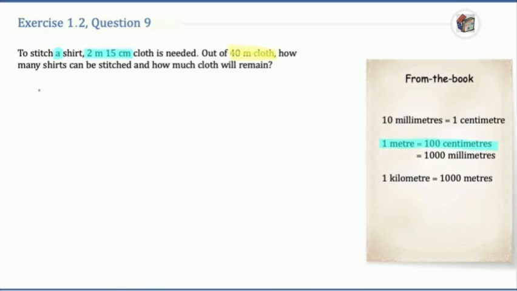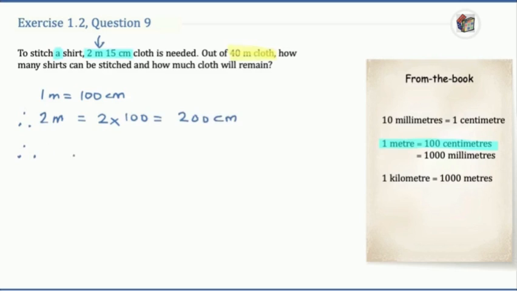Well, if 1 meter is equal to 100 centimeter, then this 2 meter part that we have, how much will that be? 1 meter is 100, so 2 meter will be 2 multiplied by 100. That means this is equal to 200 centimeters.